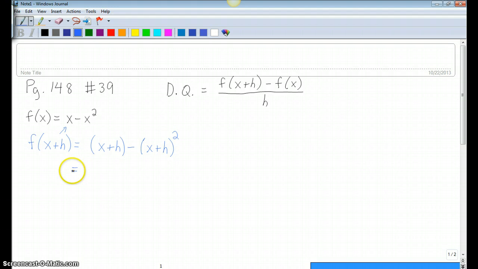And we need to simplify. x plus h. Now I'm going to say minus the quantity. Distribute that out. x squared plus 2xh plus h squared.